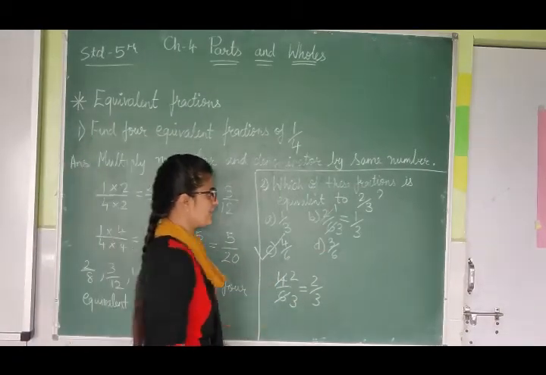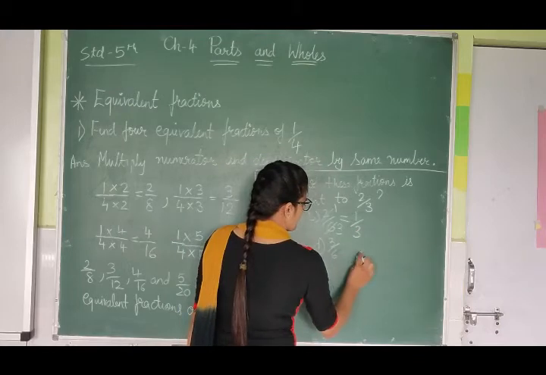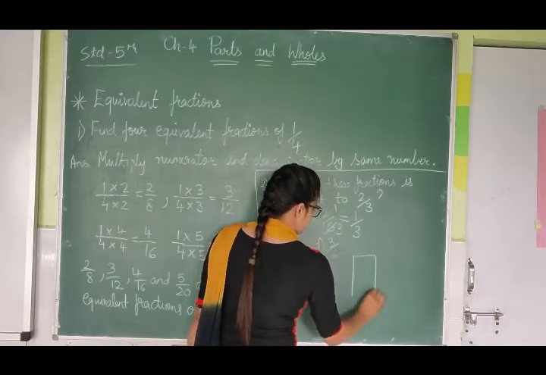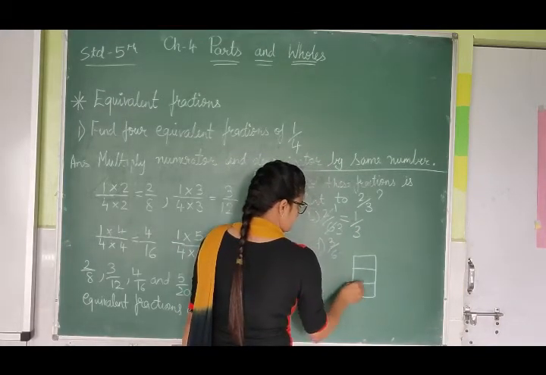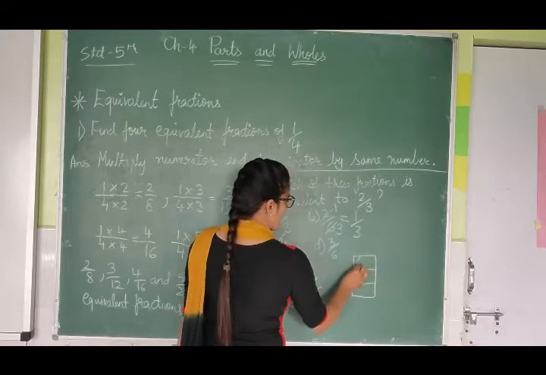So let us see it in fraction form. 3 parts we are taking, and the shaded parts: 1 2 3, out of that 2 are shaded.